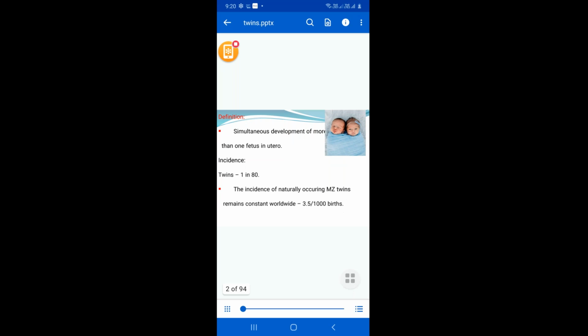That is almost 4 pregnant women per 1,000 births will have monozygotic twins.